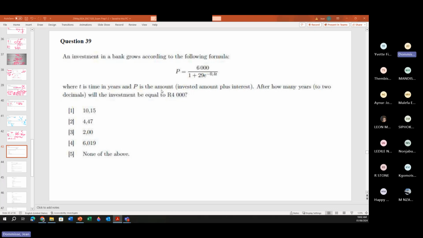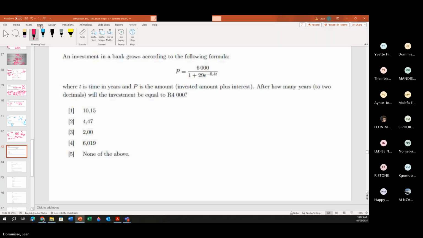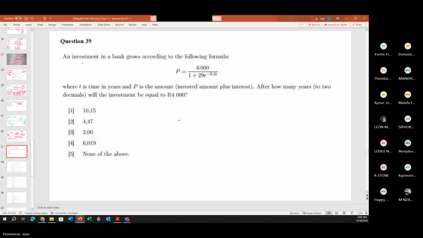Okay, so they basically tell us that we need to use this formula, and that the investment will be equal to 4,000.